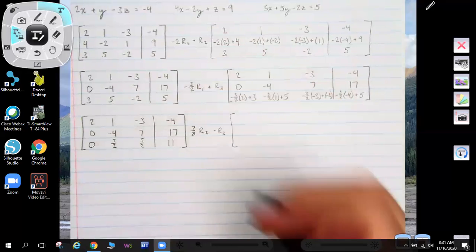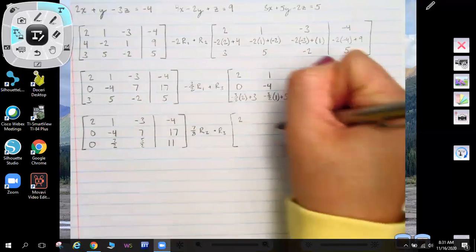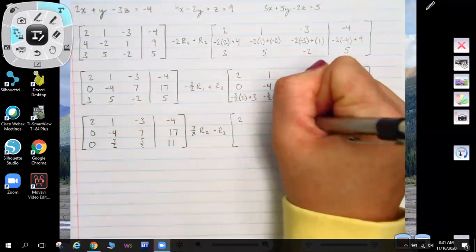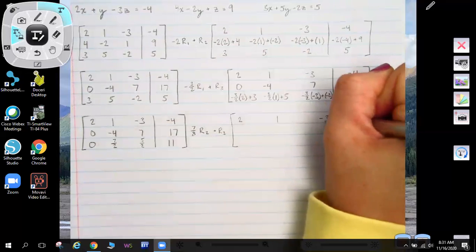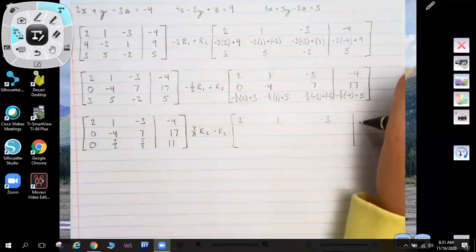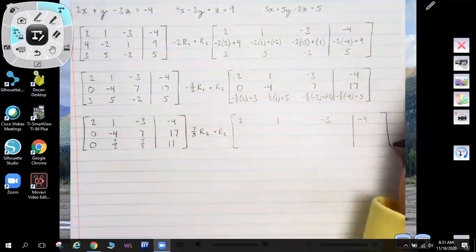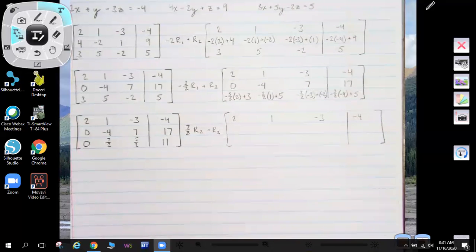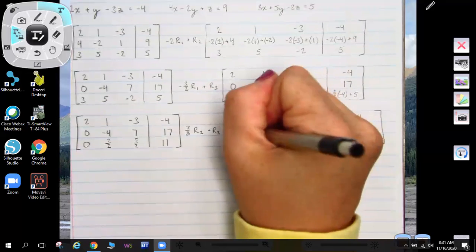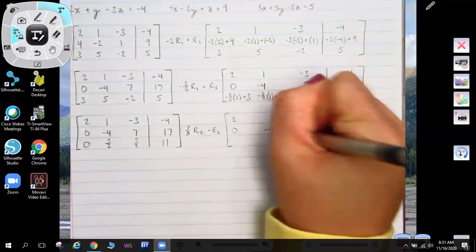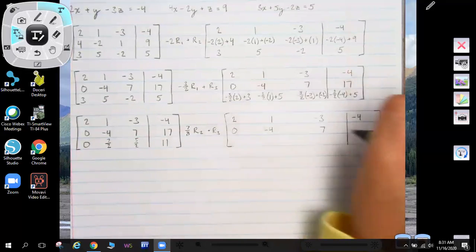So the first row stays the same for now. Make sure and space it out. 2, 1, -3, -4. Second row is not changing. 0, -4, 7, 17.